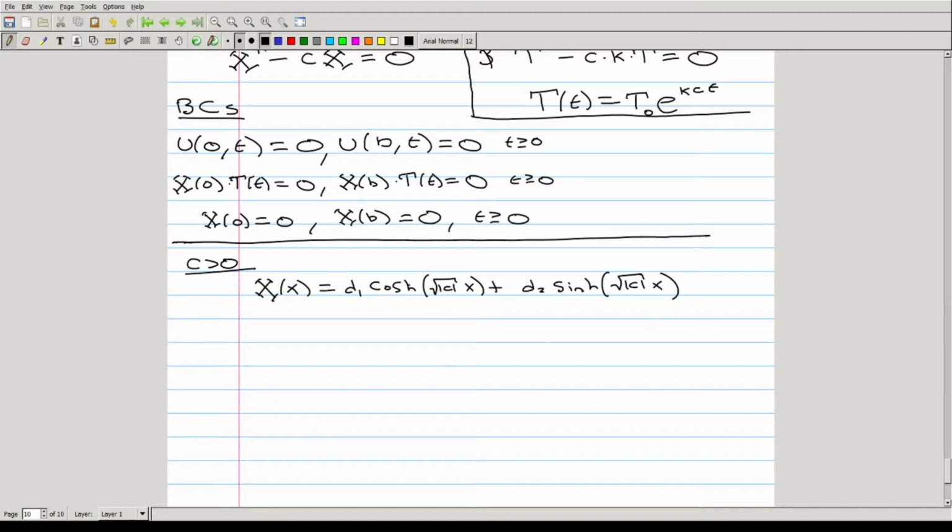And these can be written in terms of exponentials, the positive and negative exponentials, as well.